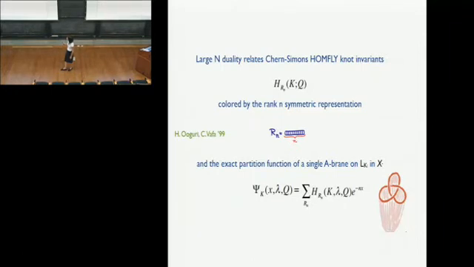But you need to know them all. Okay? So the exact partition function of a single A brane in X is sort of a discrete Fourier transform of the HOMFLY polynomial in totally symmetric representation. Okay?